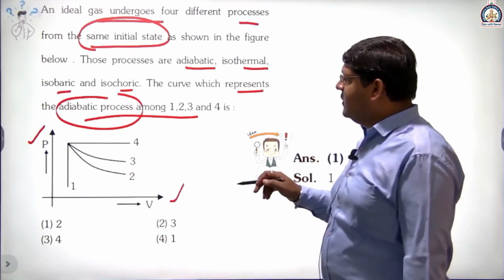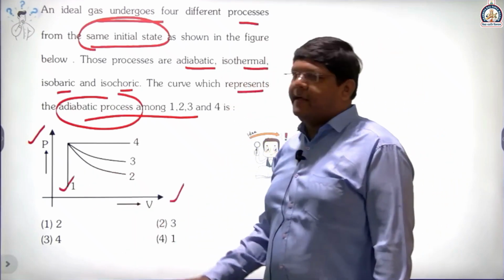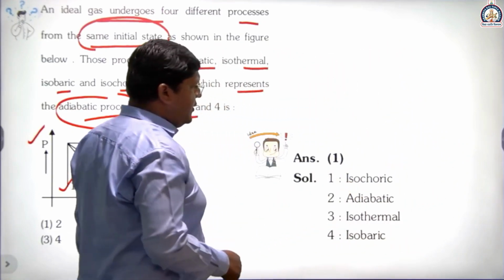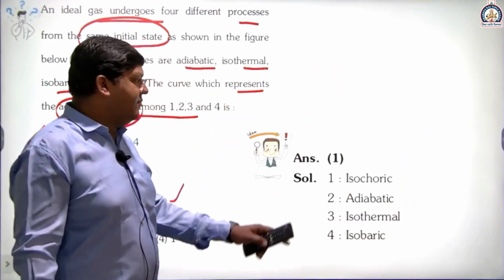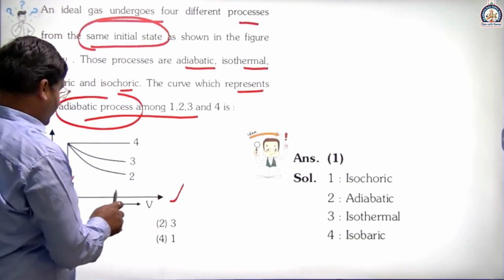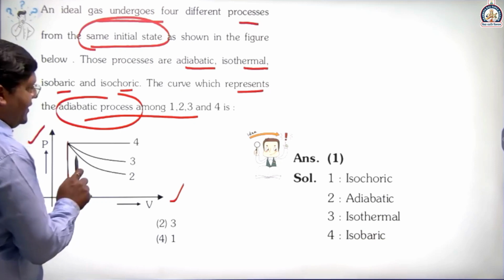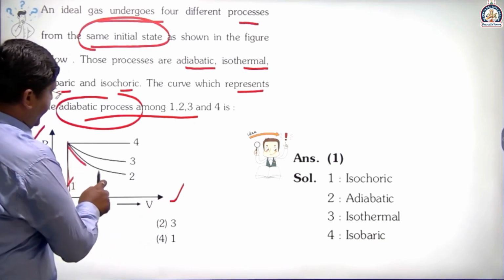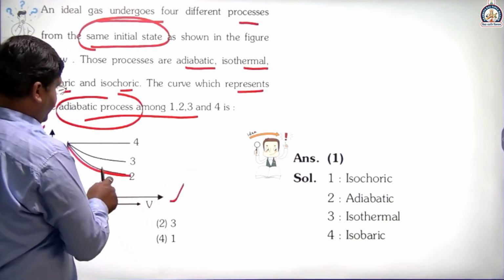So you can see the first graph is isochoric, and the second is adiabatic. Third is isothermal.